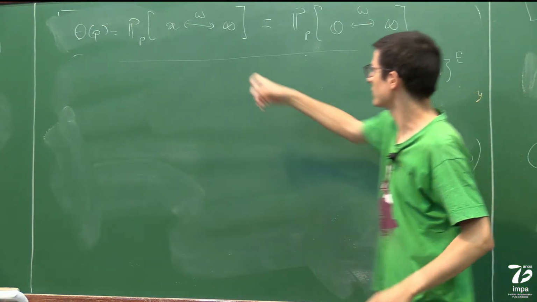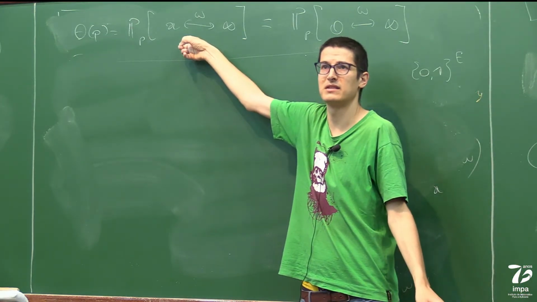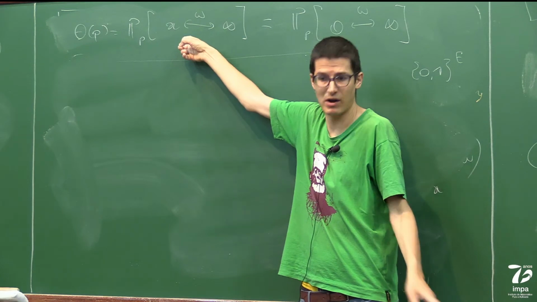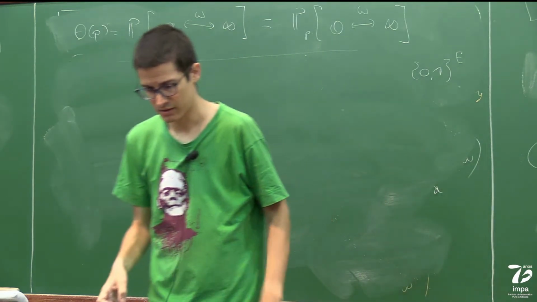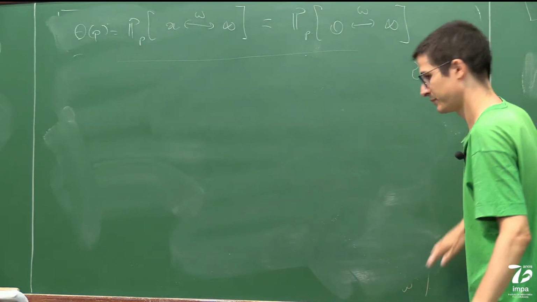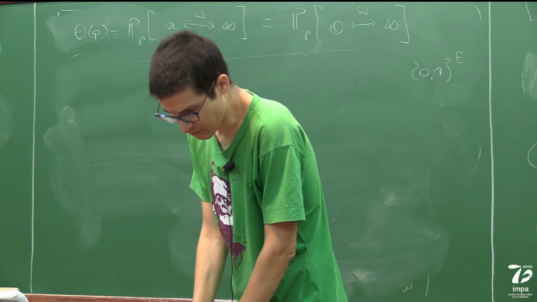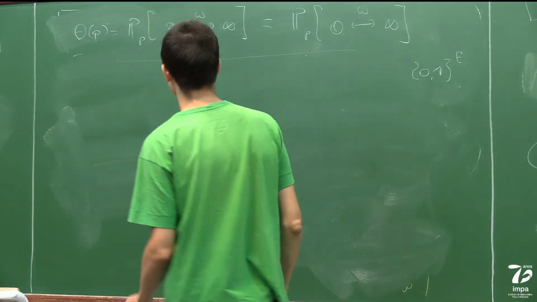So basically, what we want to do is to check that this thing belongs to the product sigma algebra, because the sigma algebra we are considering on this set is the product sigma algebra.